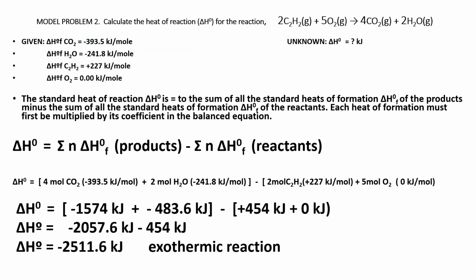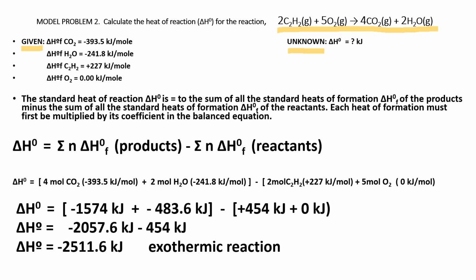So let's go to problem number 2. Again, the equation is balanced, and the heats of formation are given again. Of course, you have to write your unknown, the delta H of the reaction.